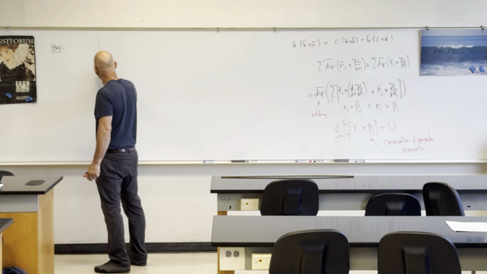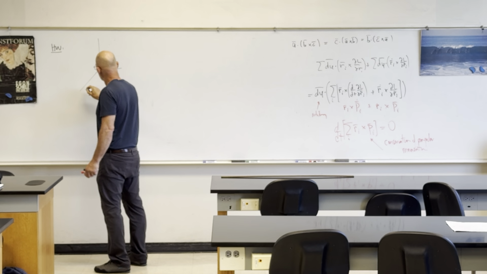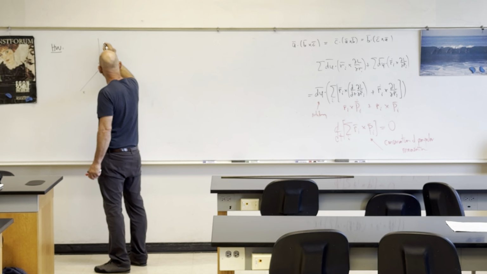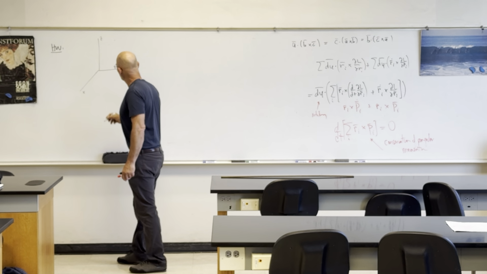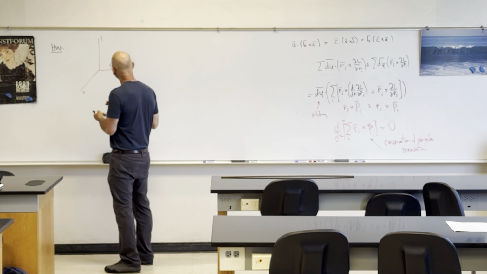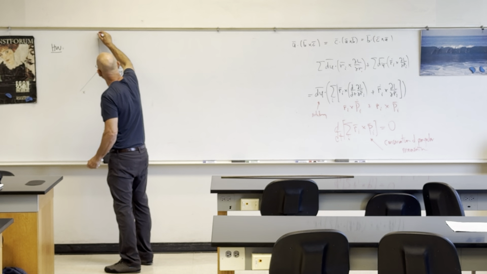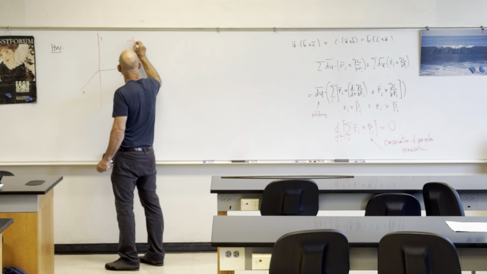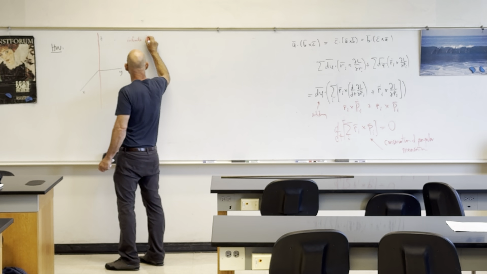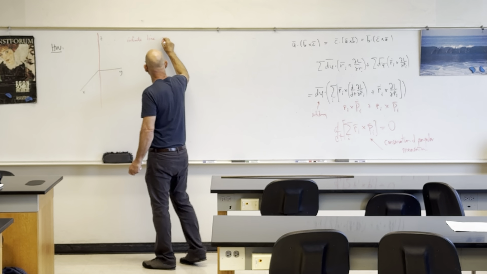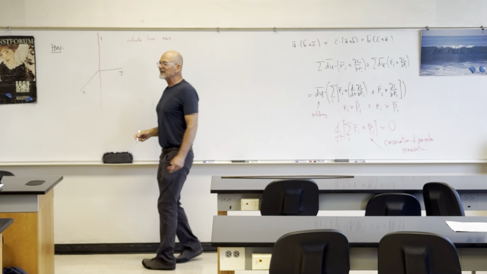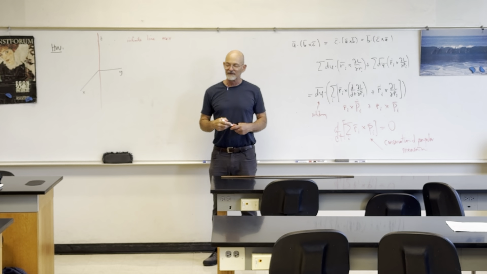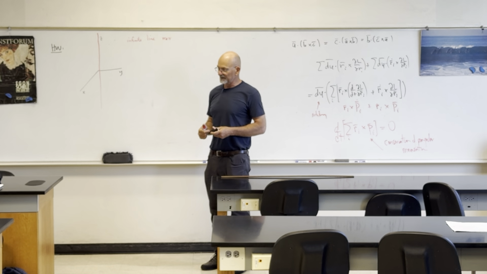Suppose we have X, Y, Z, and we happen to have an infinitely long mass. The line mass distribution is infinitely long. You guys have done this in electricity and magnetism, conceivably, right?